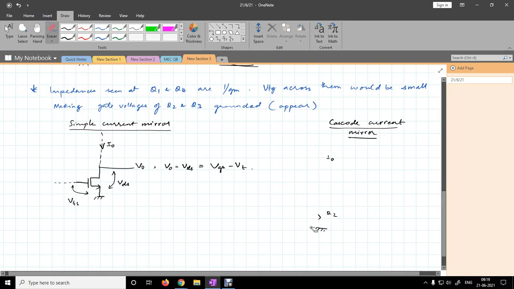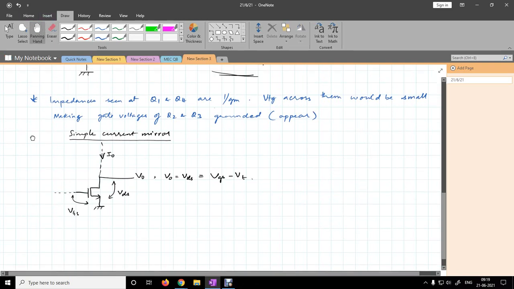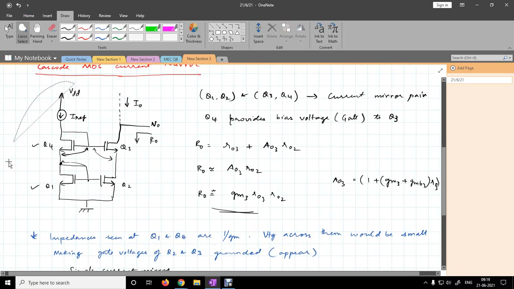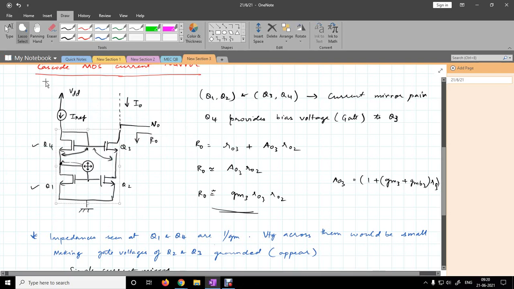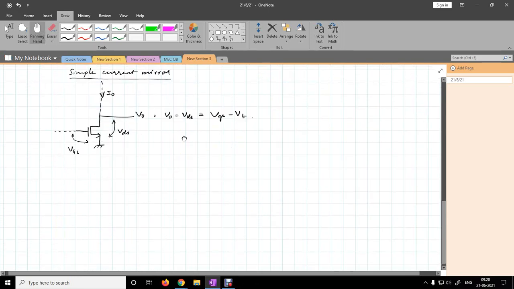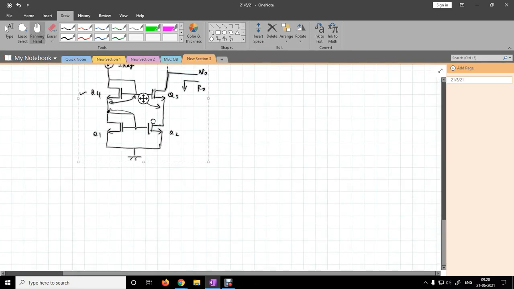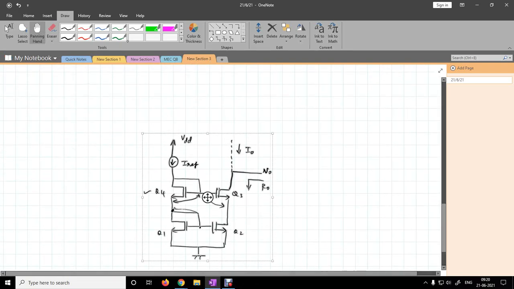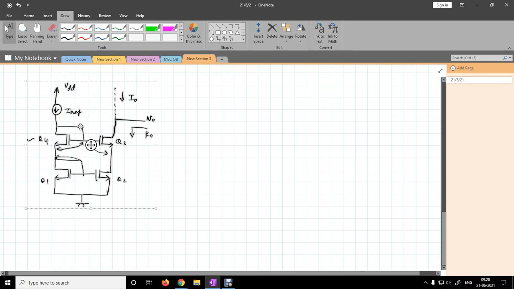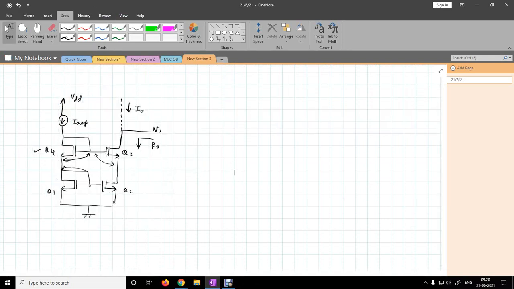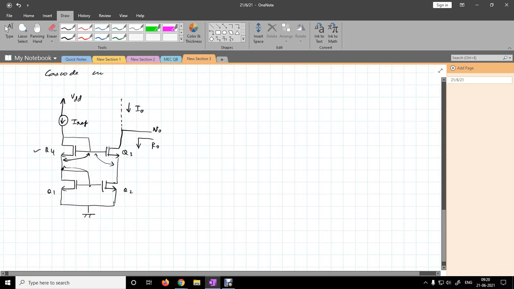I'll copy the whole diagram here, then I hope you will understand that. This is your cascode current mirror.